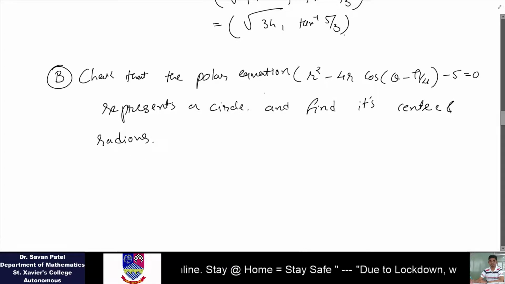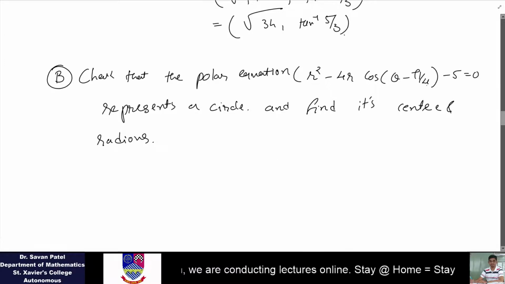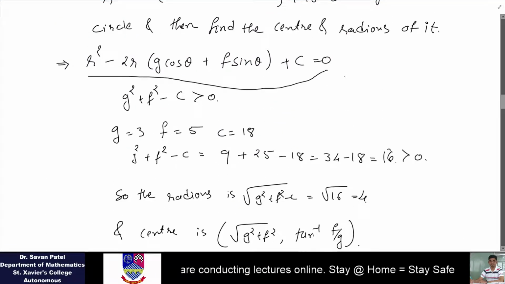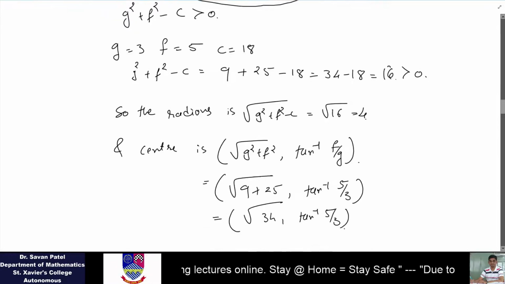Okay, so here one way is the usual, that is expand this, convert this equation in this form, and then compare it with g, f, and c, and you will be able to find out that this represents a circle, and then you know how to find out the values of g, f, c, center and radius.